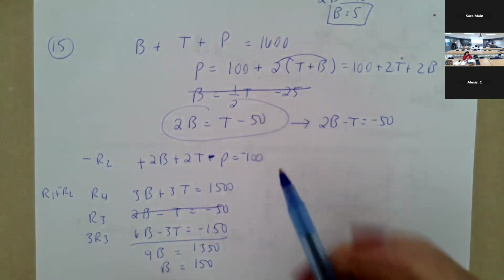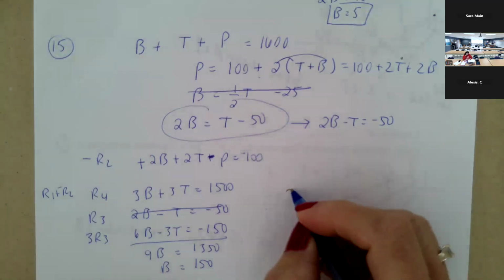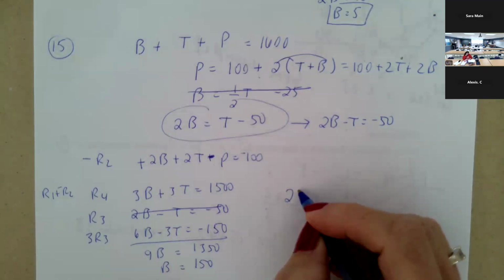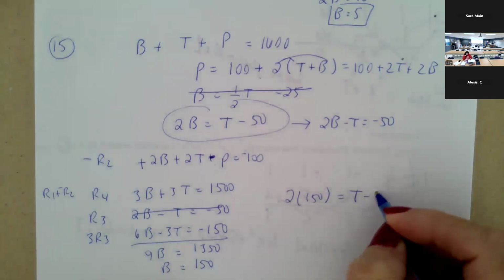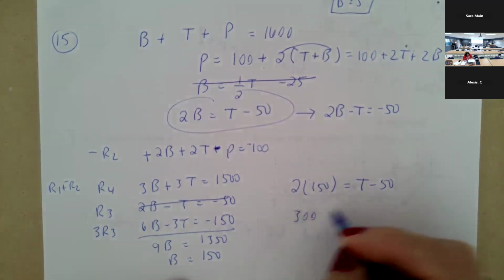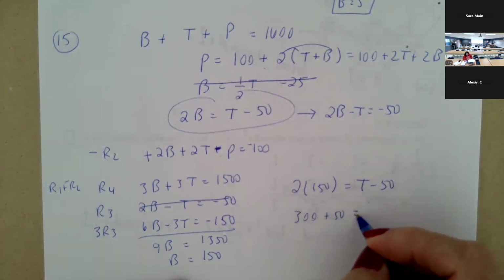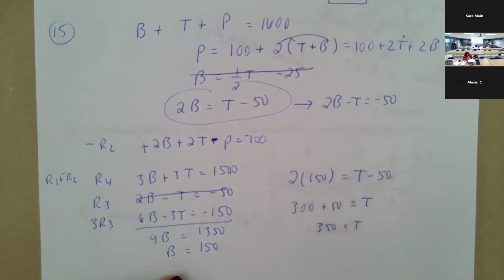Okay, so the 2 of the buses equals the train minus 50. So 300 plus 50 equals the train. So the train is 350.